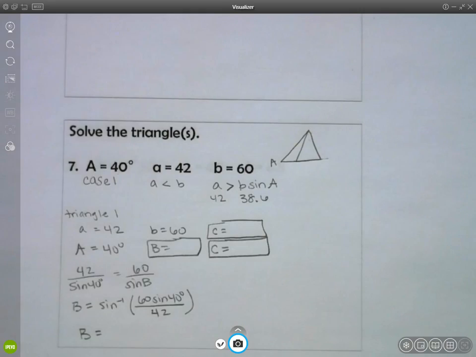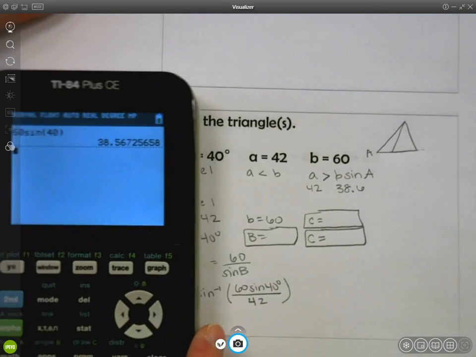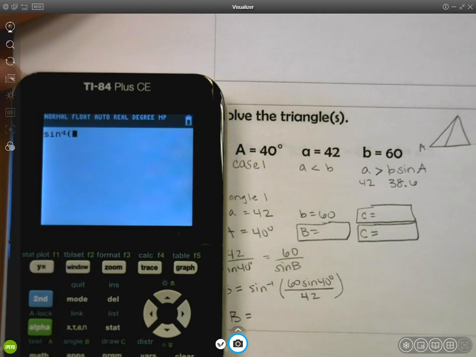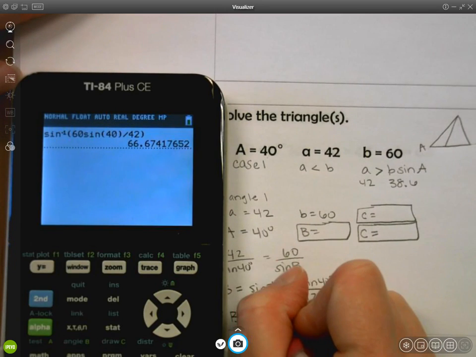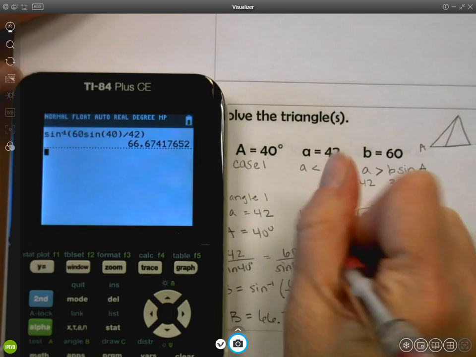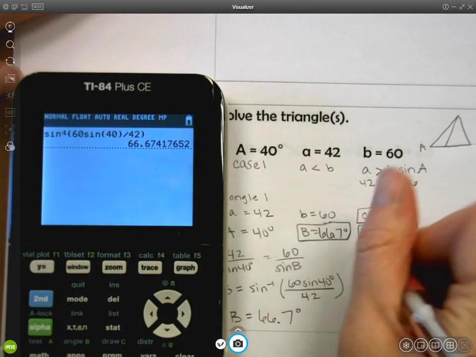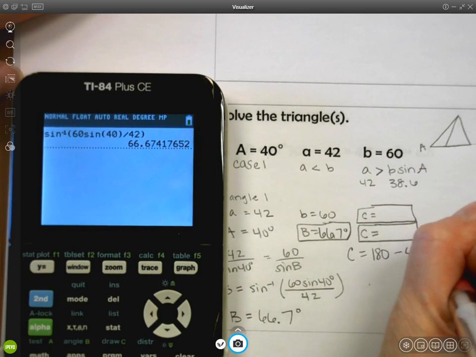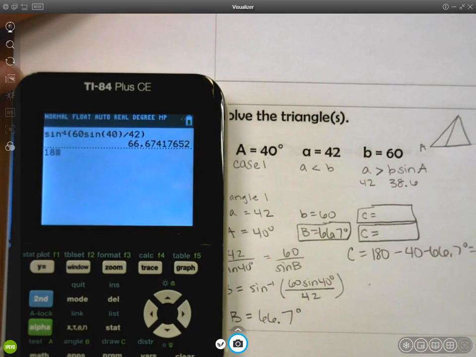From my calculator, I'm going to do inverse sine of 60 sine 40 divided by 42, and I get 66.7. To find angle C, I can do 180 minus 40 minus 66.7, and I get 73.3.